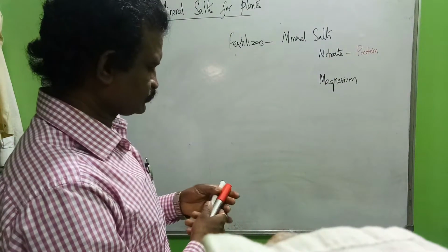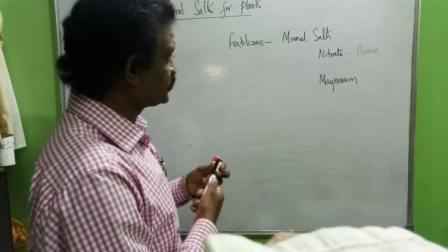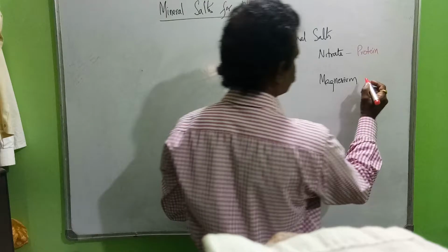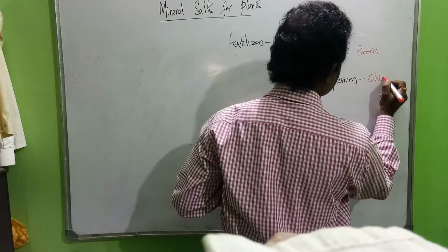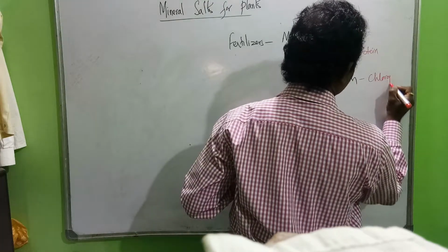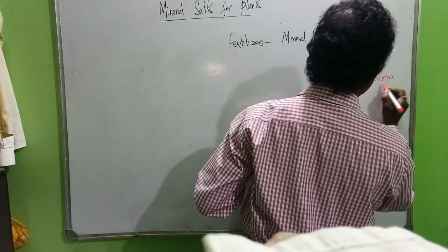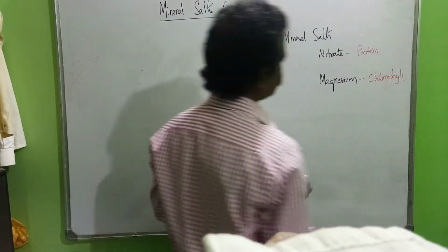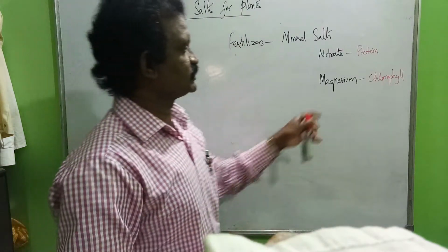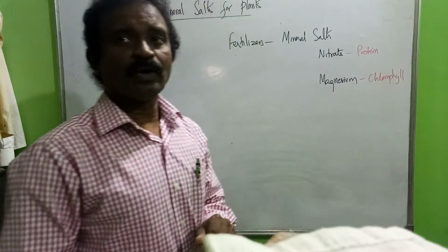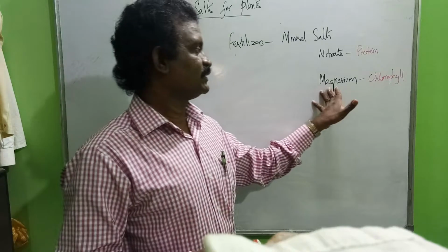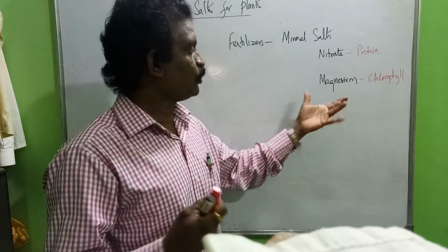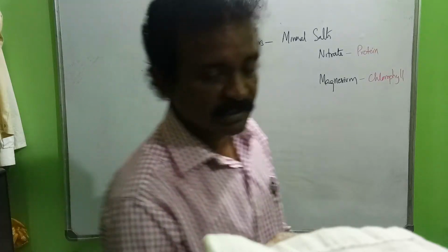Next, magnesium. What is the use of magnesium? Magnesium is required to make chlorophyll. Now how do I know if magnesium is there in the plant or not? If the magnesium is less, the leaf becomes yellow in color.